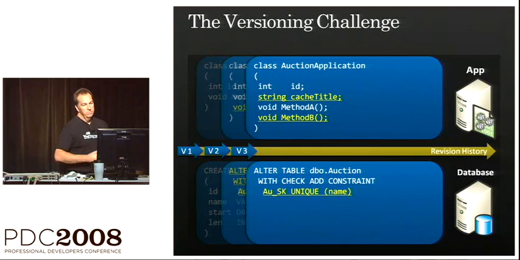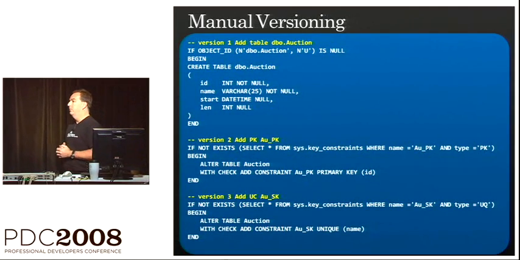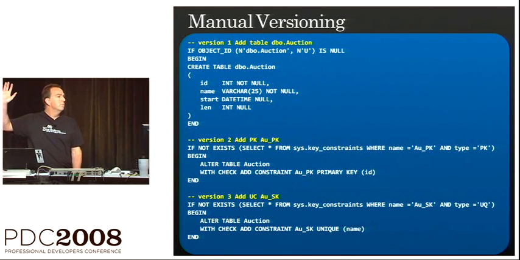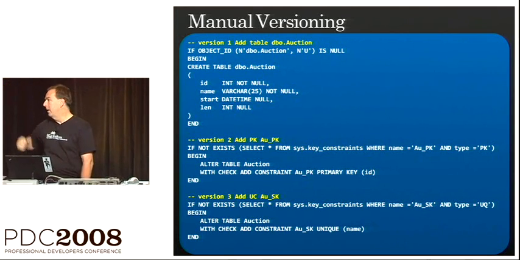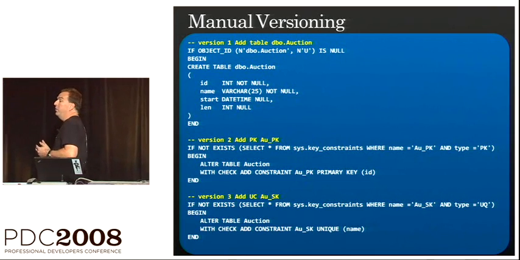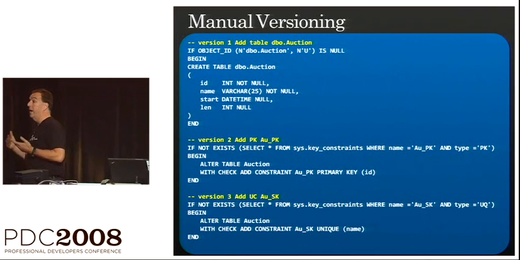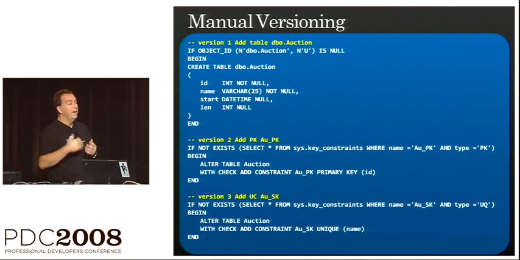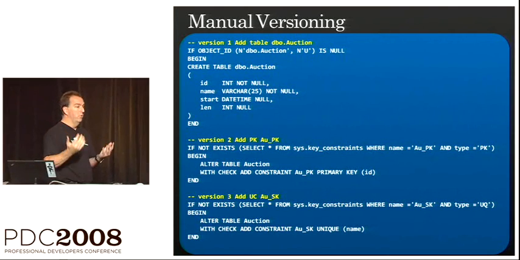Most of you will probably write something like this. For how many of you is this familiar code? A lot of you actually have to write, or use a tool to write, code like this that says: if the object does not exist, go do this.